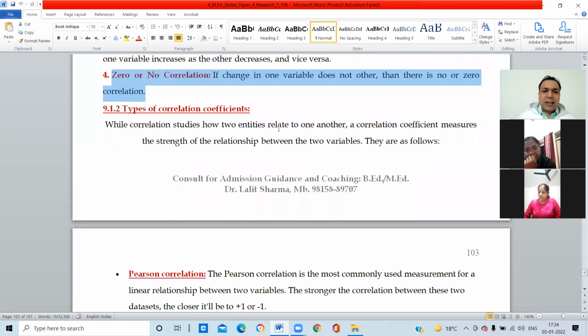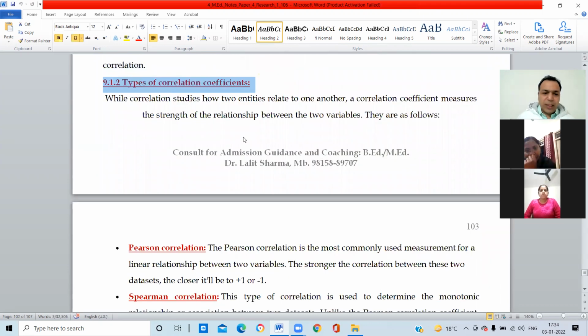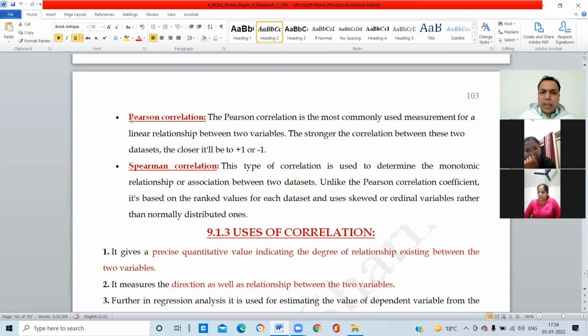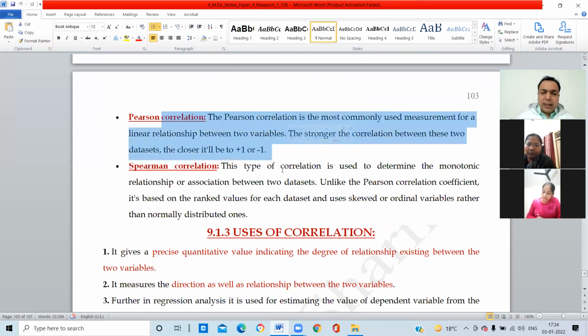Next, we talk about the types of correlation coefficient. So guys, you have to remember there are two types of correlation coefficient. One is called Pearson correlation, one is Spearman correlation. They tell us how much is the variation between the variables. The Pearson correlation is the most commonly used measurement for the linear relationship between two variables.